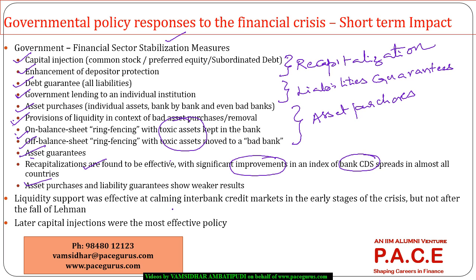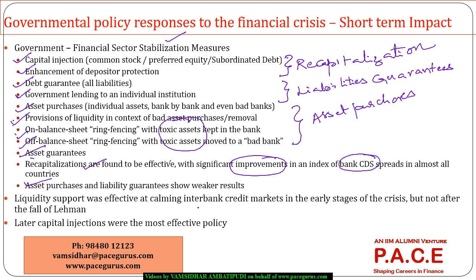And the liquidity support that the government has provided during the crisis in the earlier stages, especially when the Lehman Brothers did not collapse, during that time the liquidity support looked more and more effective, but once the Lehman Brothers had collapsed altogether, the liquidity support that the government provided looked like a futile attempt.